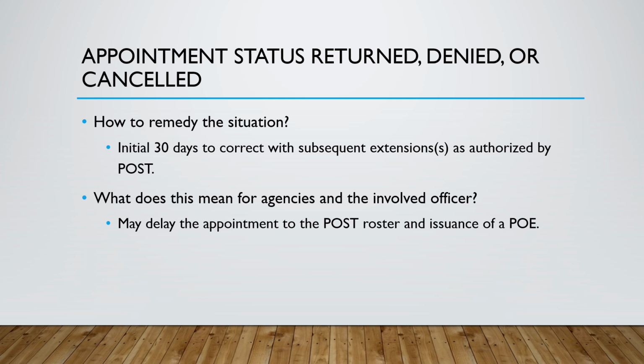If you have a new peace officer that only possesses a proof of eligibility, that peace officer is no longer eligible to act in a peace officer capacity in the state of California because they do not possess the proof of eligibility. It is in the best interest of both the involved officer and the involved agency to remedy any deficiencies in a timely manner.